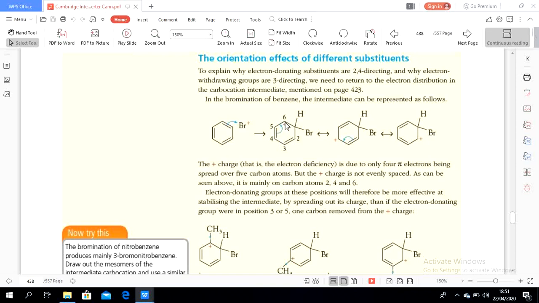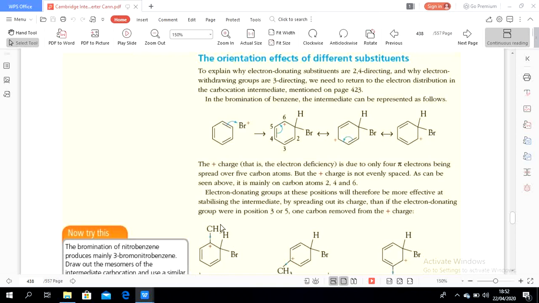And then electron donating groups at this position will therefore be more effective at stabilizing the intermediate, spreading out its charge, than if the electron donating group were in position 3 or 5, one carbon removed from the positive charge.